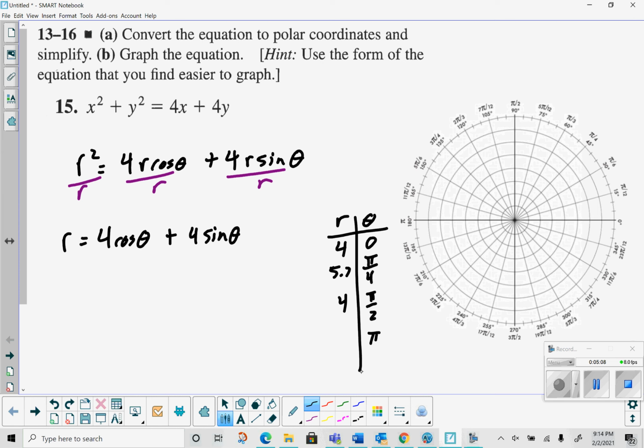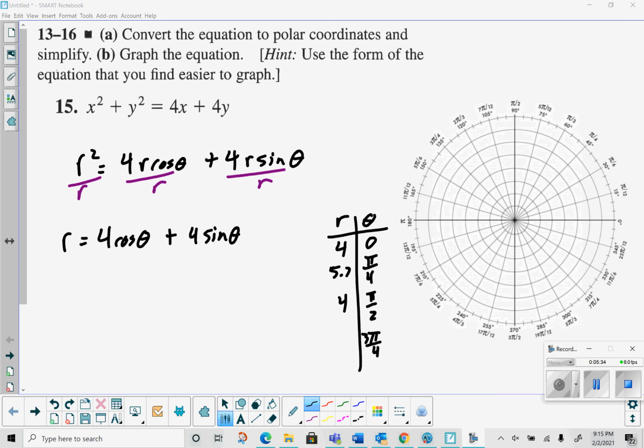For pi, the cosine of pi is -1. Sine of pi is, I'm sorry, let's do 3 pi over 4 before we do pi.